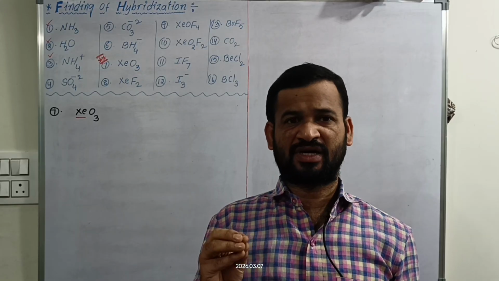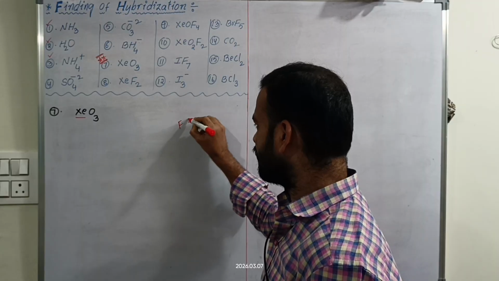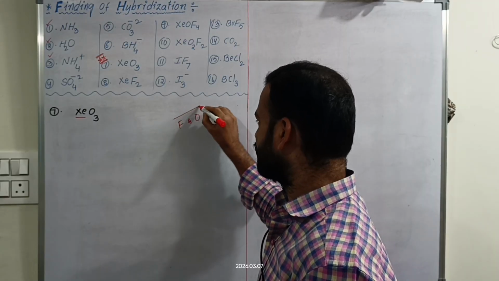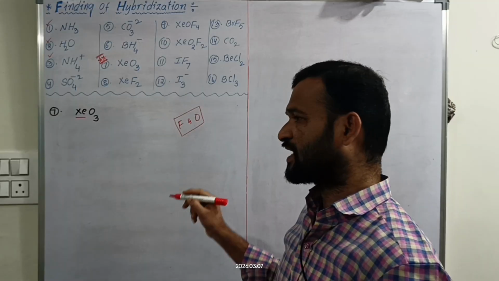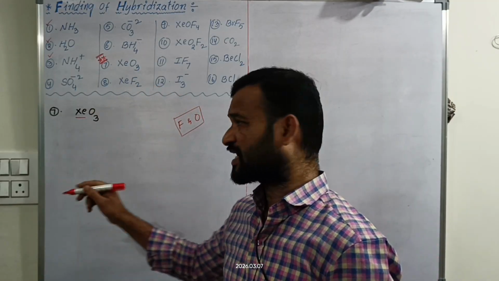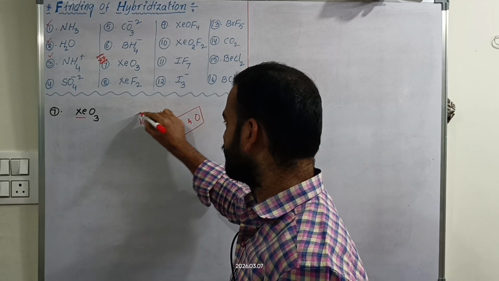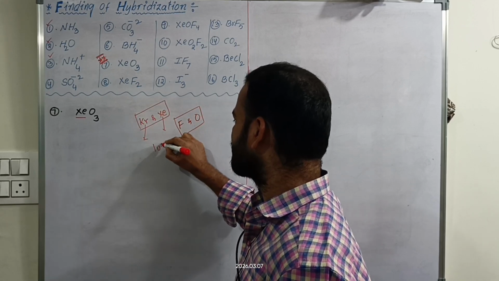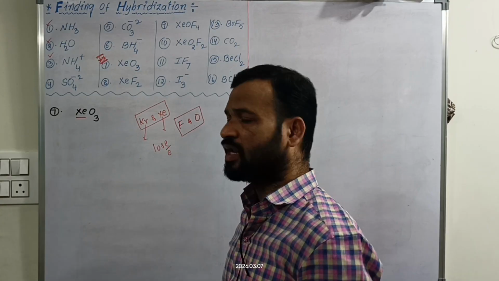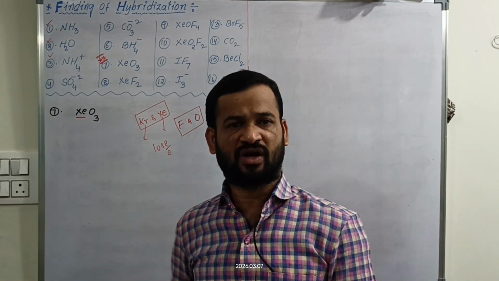But whenever more electronegative atoms like fluorine and oxygen come very close to the krypton and xenon, then what will happen? These atoms will be able to lose electrons. Then they will convert into positively charged ions.